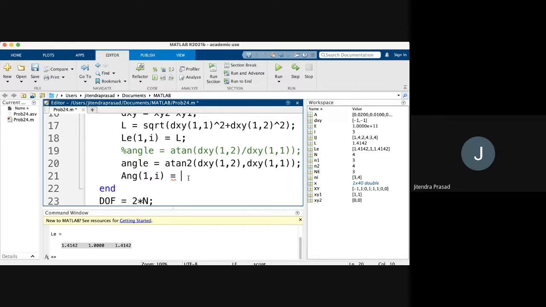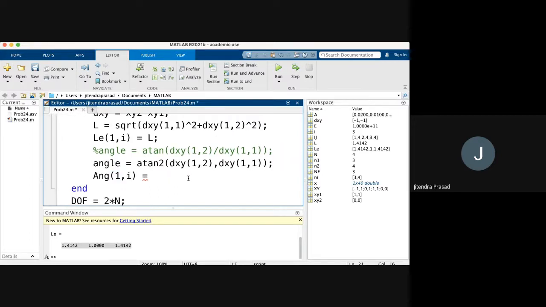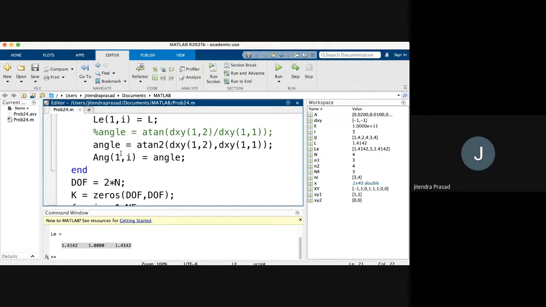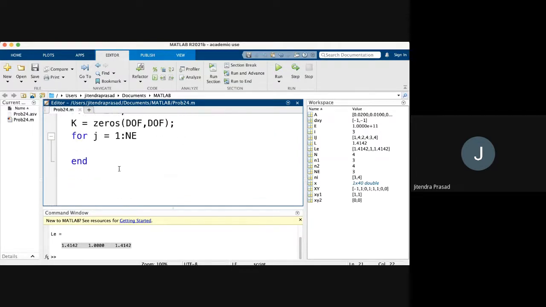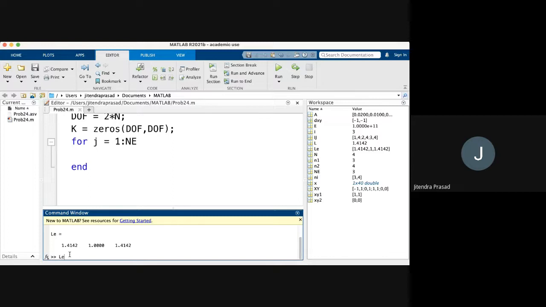So ang 1 j is equal to angle. Yeah, that's it. So that way angle is saved. Okay, so now we can also run it and see. So let's see.